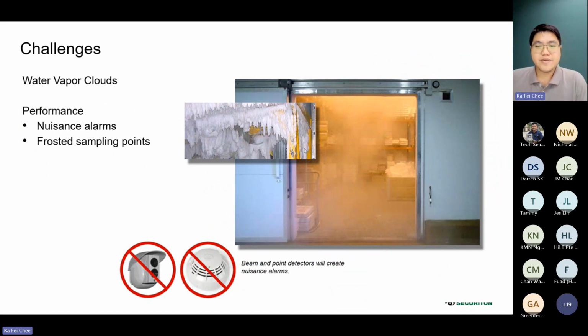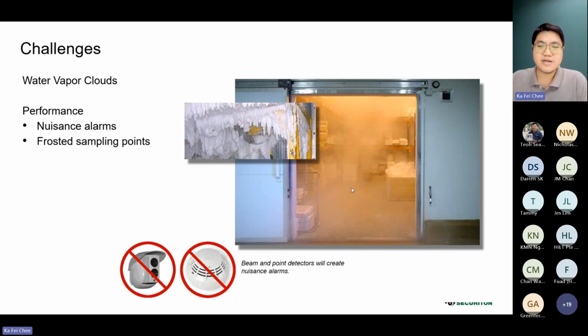Okay, if you are familiar with working with cold storage areas, and if you are working near the opening of the cold storage or at the entrance, you will see the cold and hot air. This area will have a severe water cloud problem.